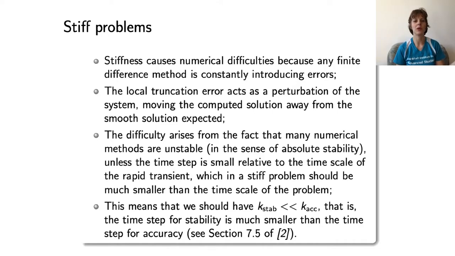So the local truncation error acts as a perturbation of the system, moving the computed solution away from the smooth solution expected. The difficulty arises from the fact that many numerical methods are unstable in the sense of absolute stability, unless the time step is small relative to the time scale of the rapid transients.